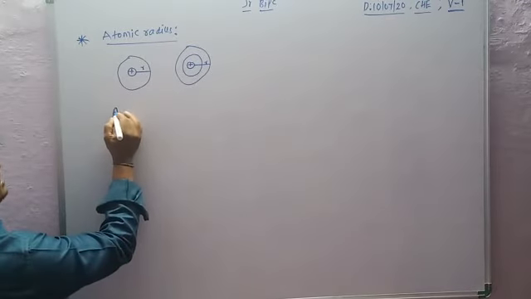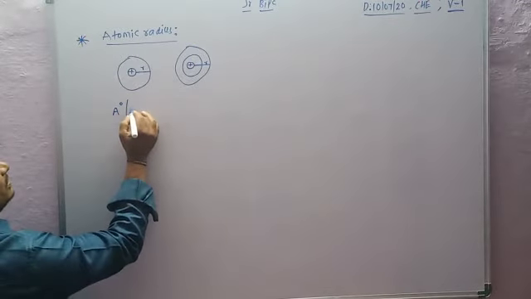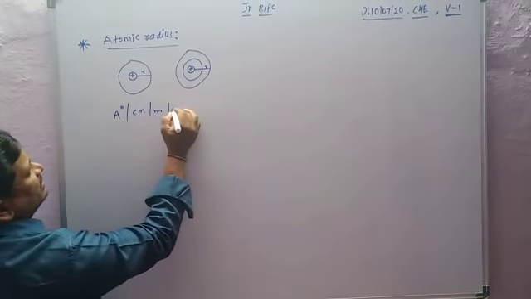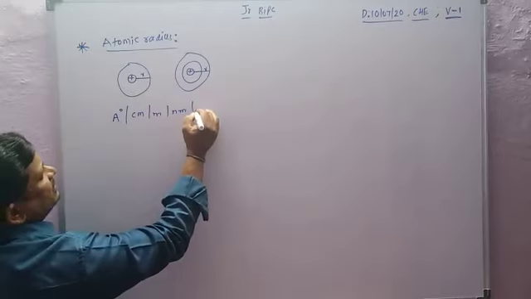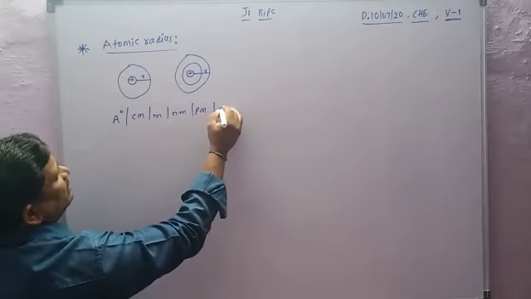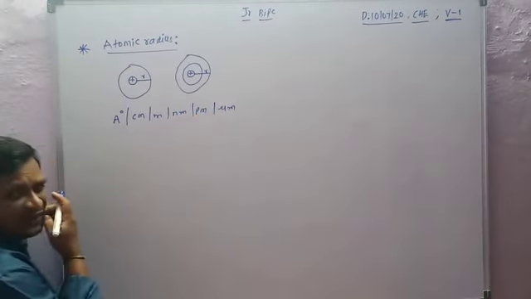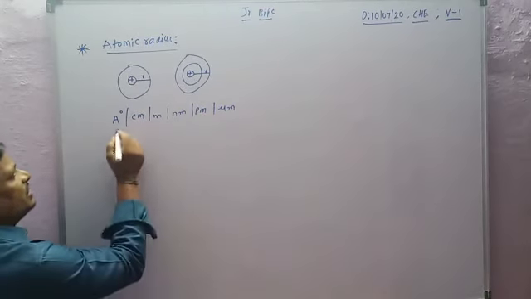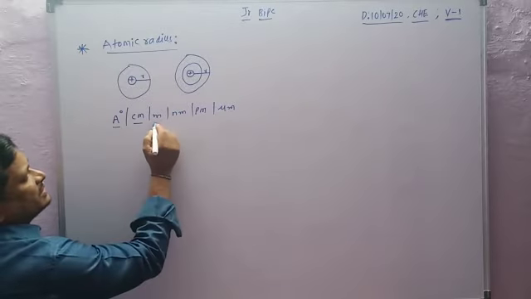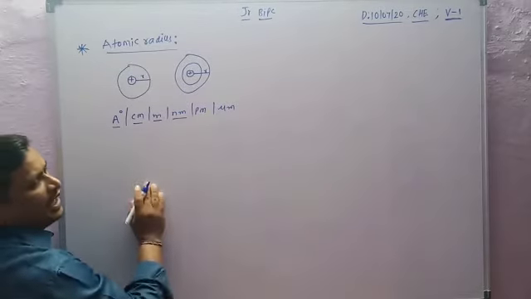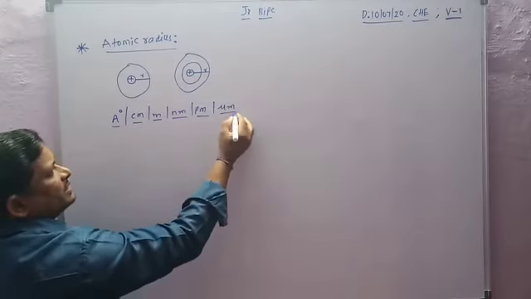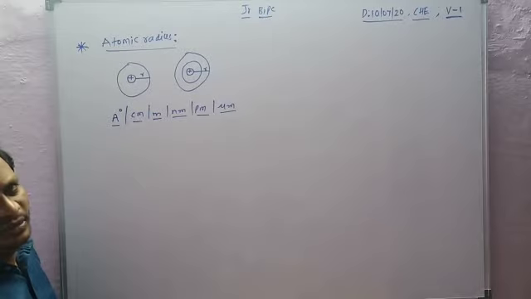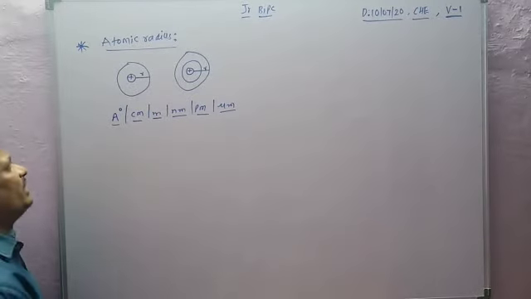Generally it is expressed in angstroms, centimeters, meters, nanometers, picometers, and millimicrons or micrometers. These are the units of atomic radius.